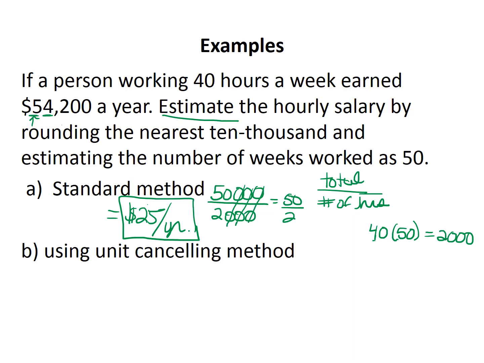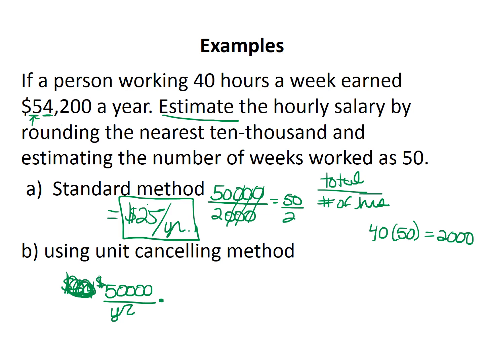Use the unit canceling method. So we're given that the person makes 54,000. Well, it says rounding, so we'll go ahead and round that back to the nearest 10,000. 50,000 per year.